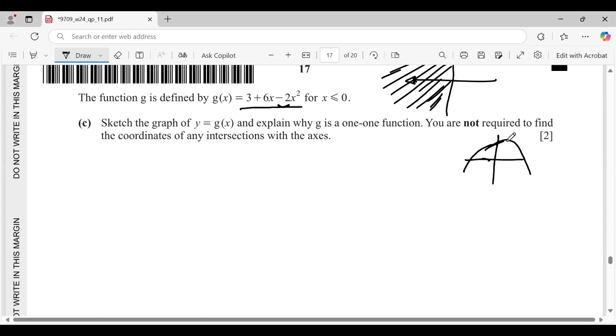So we just get the left side. I would like to sketch here.